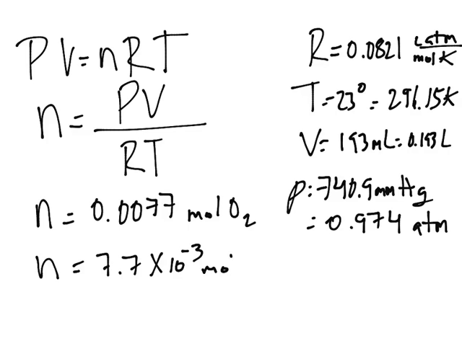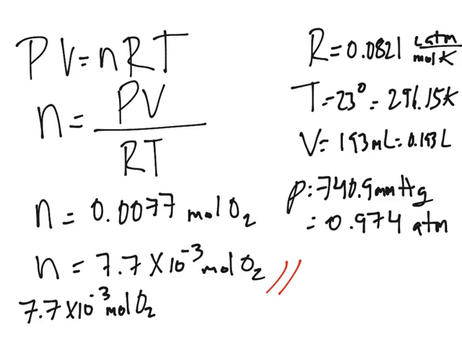Now we have the number of moles, but we're not done. They ask for the mass. So you use the molar mass of oxygen. So it's just one more step. You have 7.7 times 10 to the minus 3 moles of oxygen. Using our conversions, the molar mass of oxygen is about 32 grams.